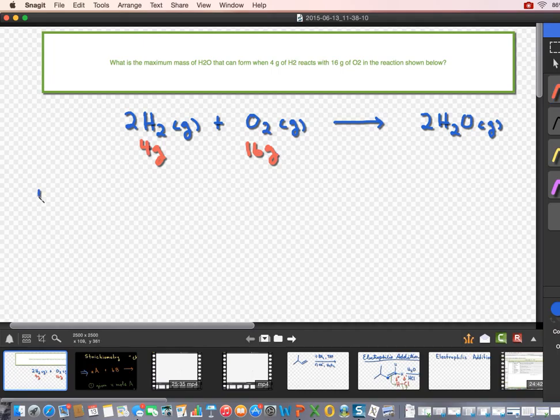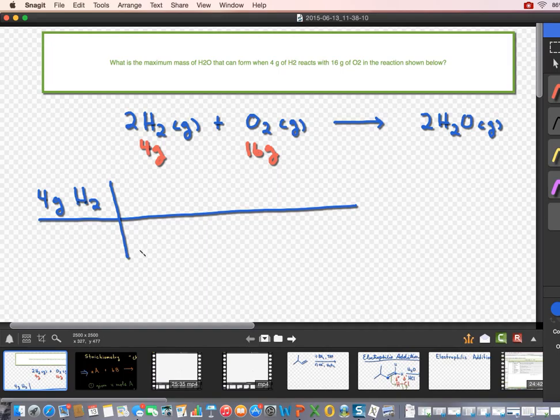We have 4 grams of diatomic hydrogen. In order to gain access to the balanced chemical equation, I must convert grams to moles. This is done independently of the balanced chemical equation. We will only use periodic table values.